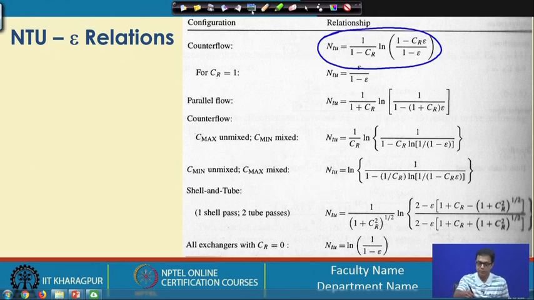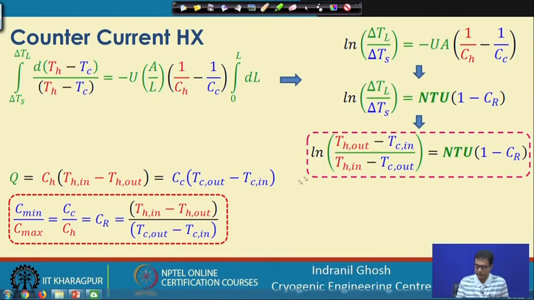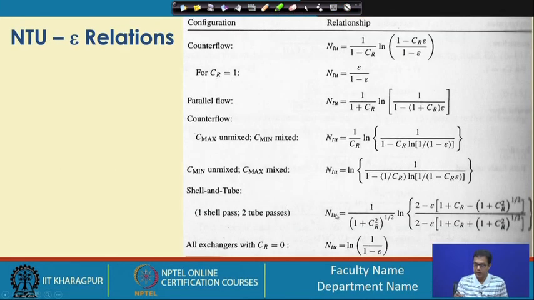So, if we have to derive this equation, we just need to take help of these three expressions that we have discussed in the earlier page. So, with the help of this equation and the definition of epsilon, with a little bit of arithmetic, we can get this equation.